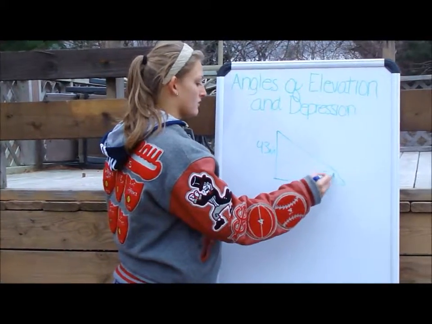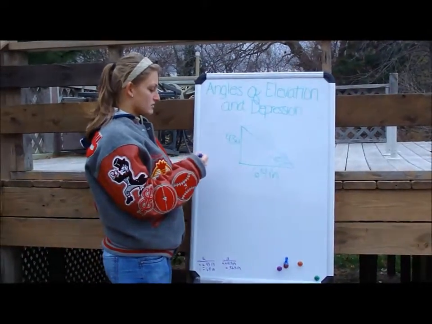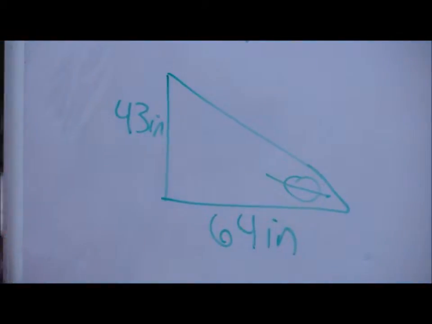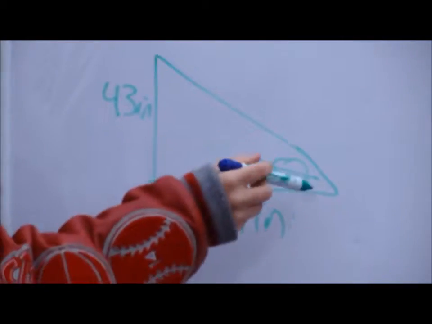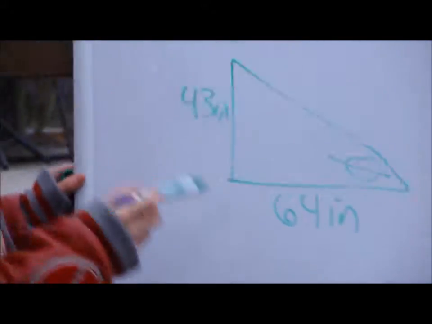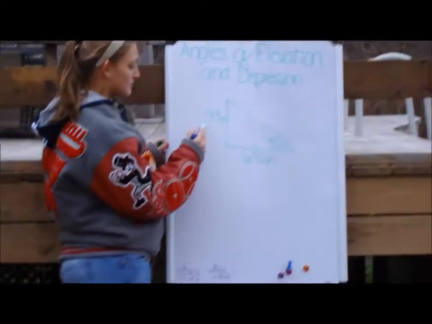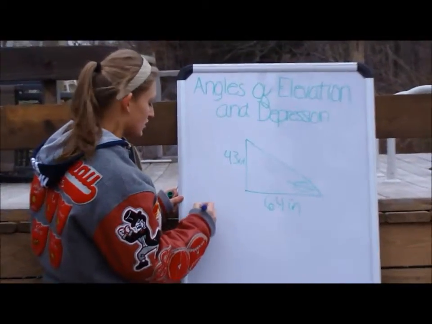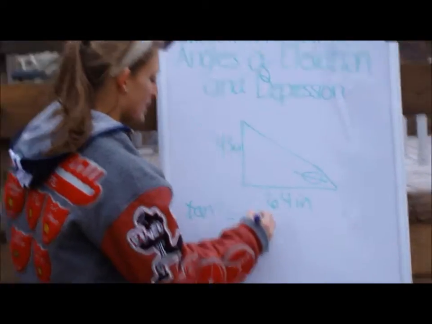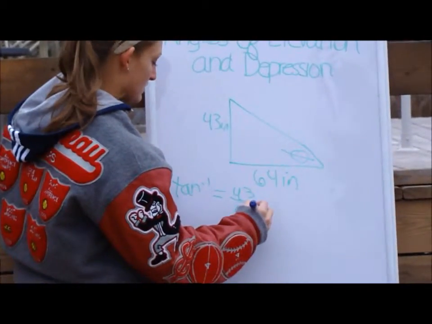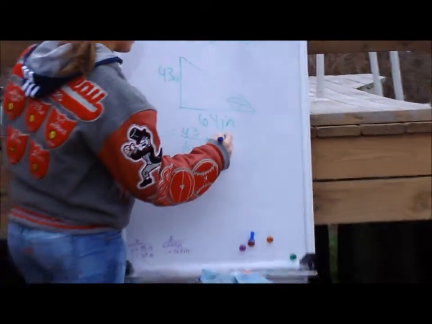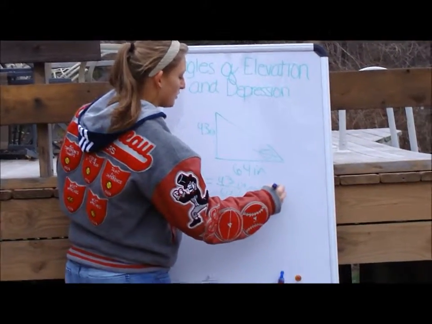So theta, which equals our angle of elevation, is from the ground going up. In this case we have tangent, which is opposite over adjacent. So it would be tangent inverse of 43 inches over 64 inches, which equals approximately 33 degrees.